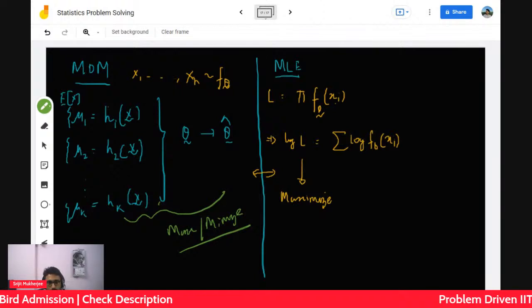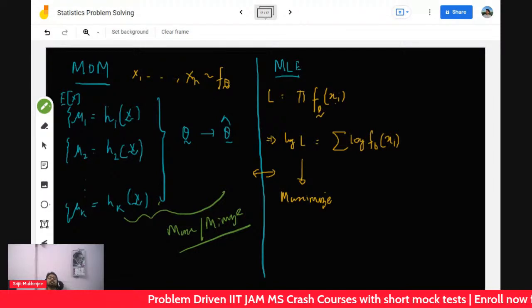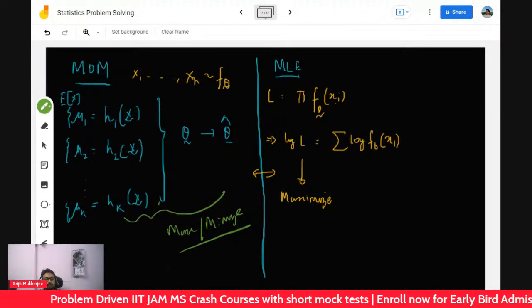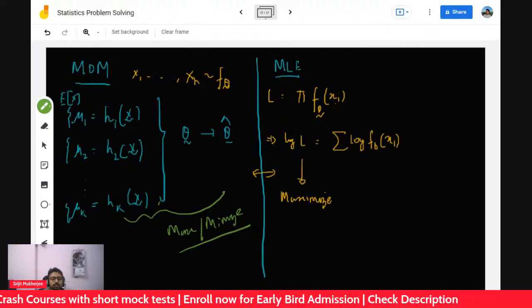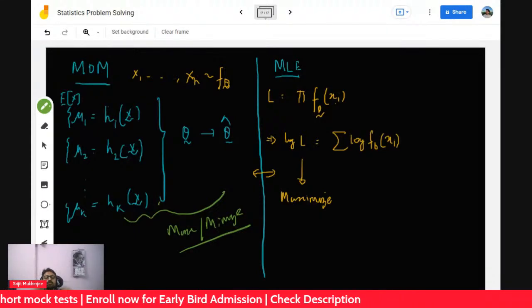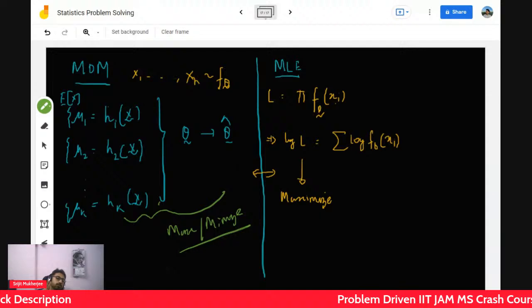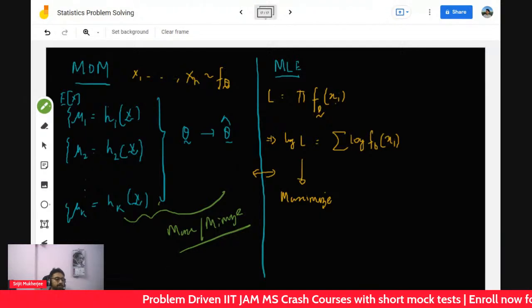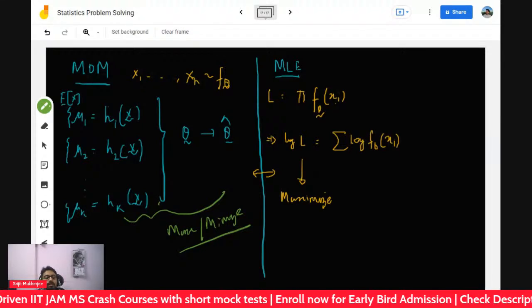The idea is that MLE is nothing but a maximization problem. So how can method of moments be transformed into a maximization or minimization problem? I'm giving you 2 minutes to think about it, and I will finish my food. In the meantime, I will get back to you. Think about it, guys. It's very important. This is the only relationship.